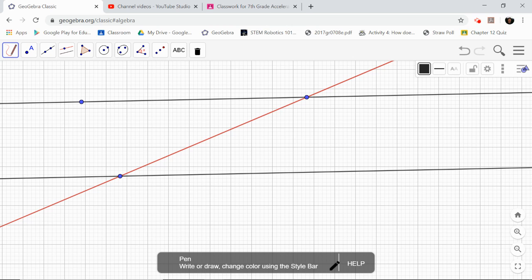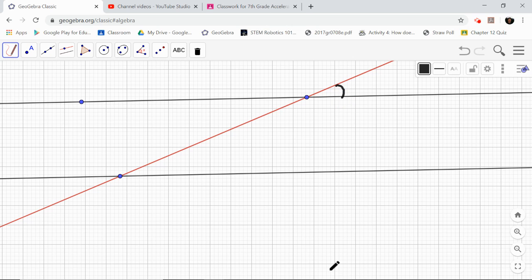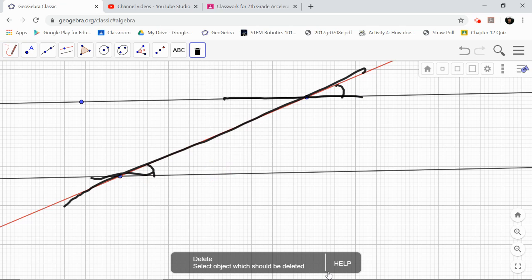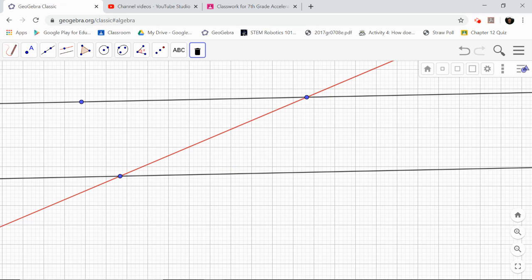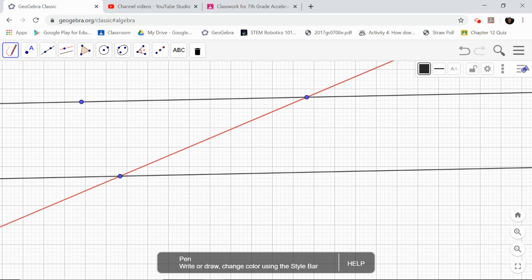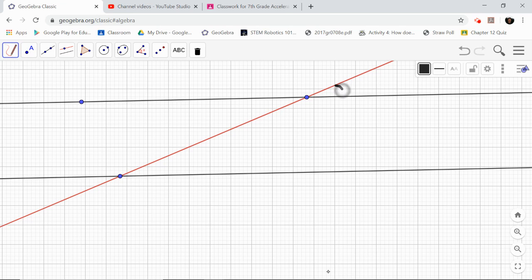These angles right here, this one and this one, well, if you think about it, this line's going in the same direction, and these two lines are going in the same direction. So that tells us that those two angles are equal. These are called corresponding angles.